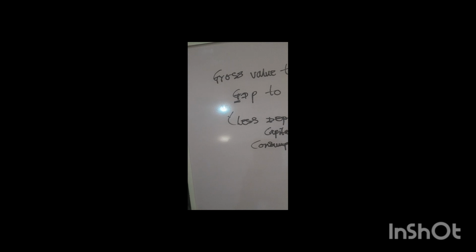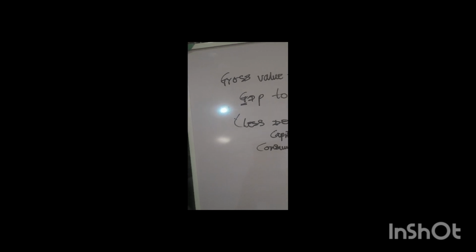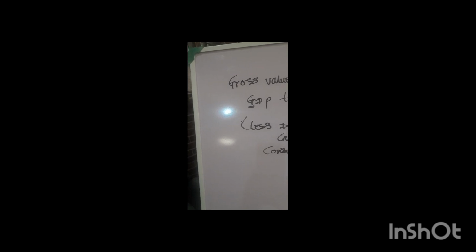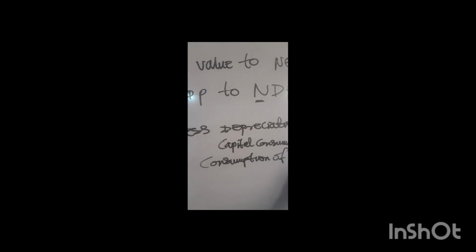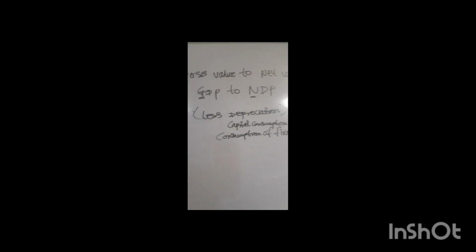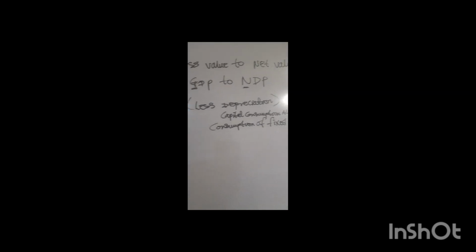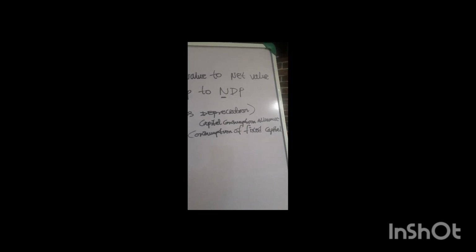So it's either depreciation, capital consumption allowance, or consumption of fixed capital. Once we less depreciation from the gross form, we arrive at the net form.